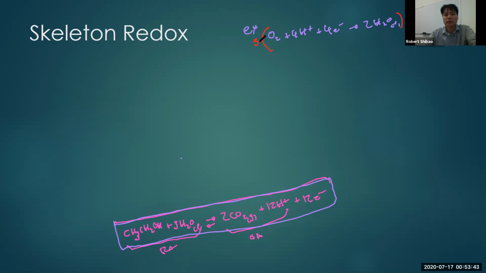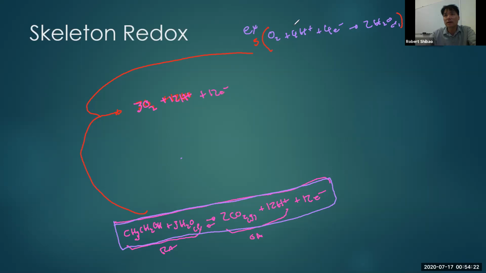And so, okay, what we're gonna do here is we're going to add these. Combine them. So I'll combine everything here. So combining these two, I'm going to get 3 oxygens plus 12 H+. I better not do red in case there are issues with the color. 3 oxygens plus 12 H+ plus 12 electrons.